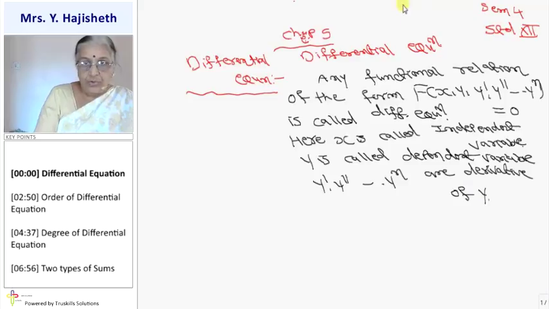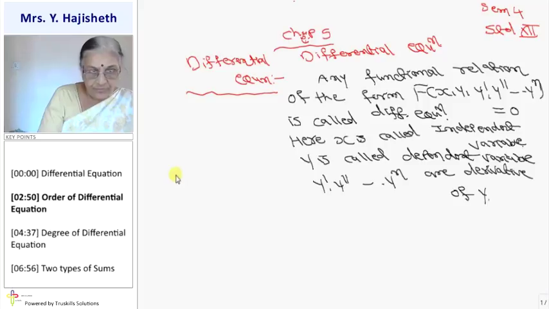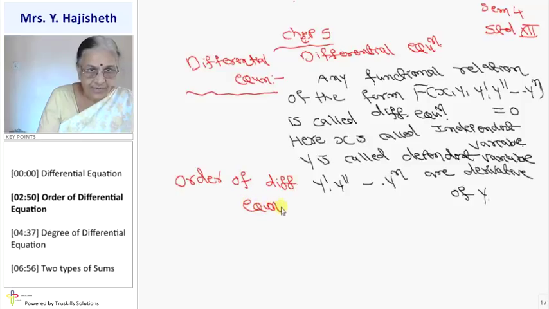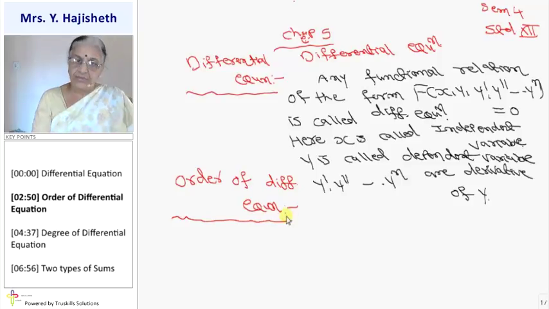Now, what do you mean by order of differential equation, and what do you mean by degree of differential equation? A differential equation is defined in two terms, order and degree.